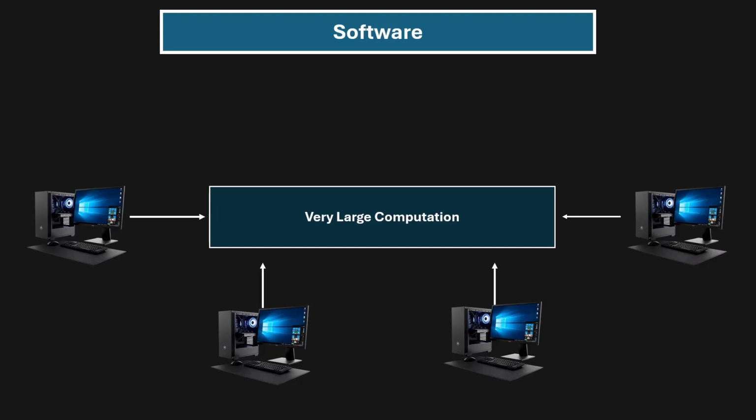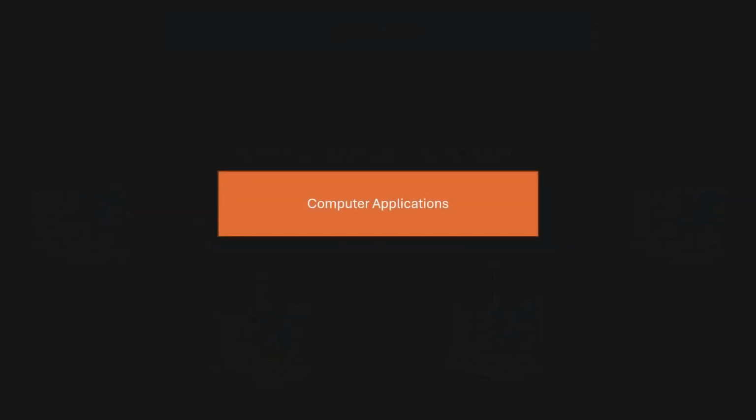Topics such as how these computers communicate with each other and how the computation is distributed across the network of computers give rise to an area known as distributed and parallel systems. There are also many other topics that fall under the umbrella of computer engineering.